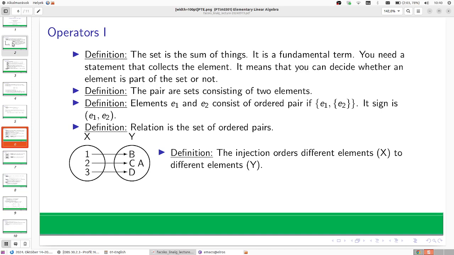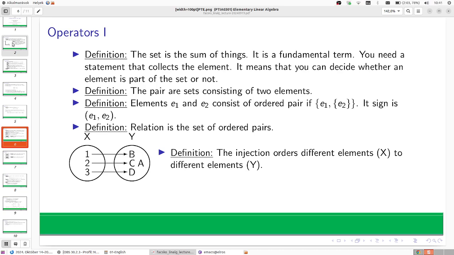If you are a mathematician and your special interesting field is sets, then you can give some terms. You must have a statement, and based on this statement, you could decide whether something is part of the set or not.